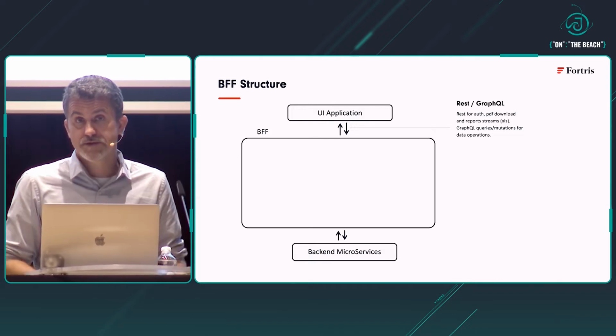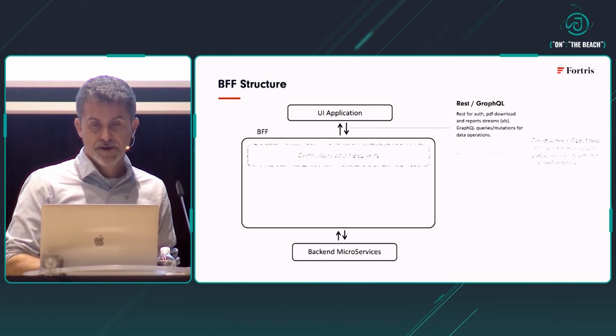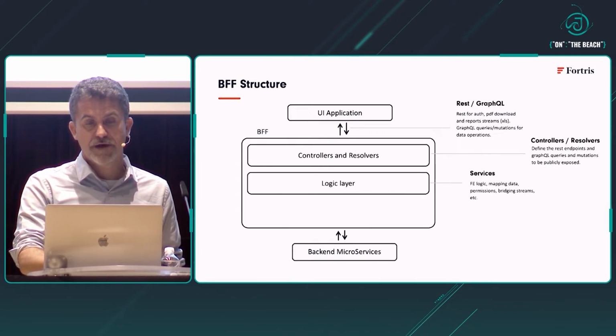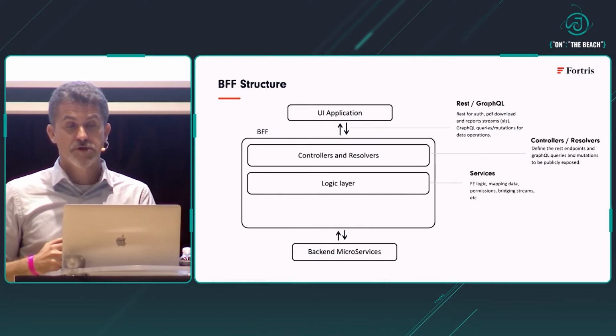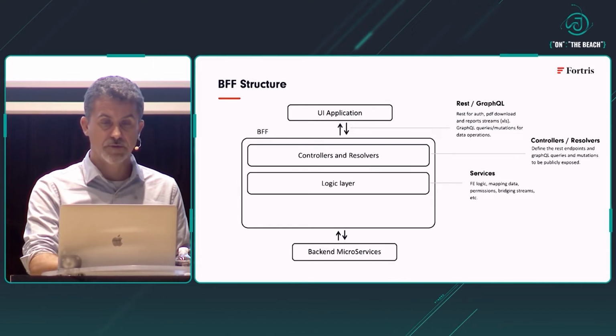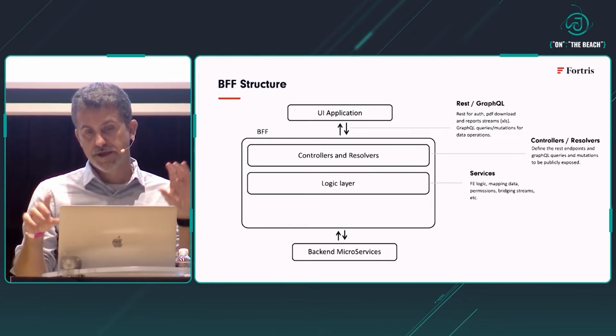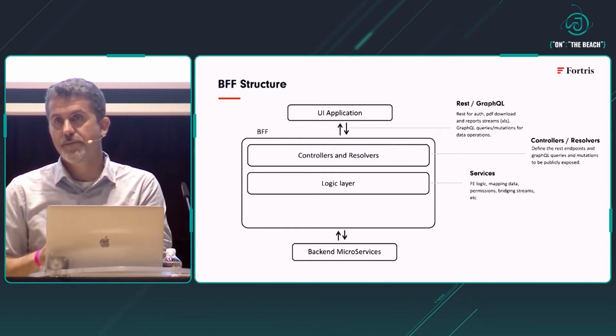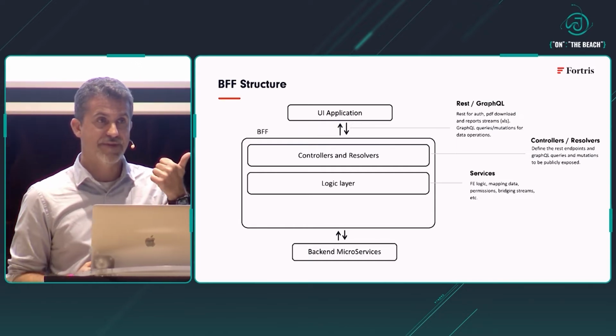This could be REST, could be gRPC, and then the typical three layers. We have the controllers and resolvers at the top for the REST API and GraphQL communication, and a logic layer in between. Here the main purpose is mapping data.